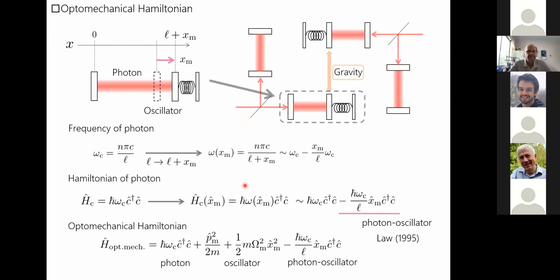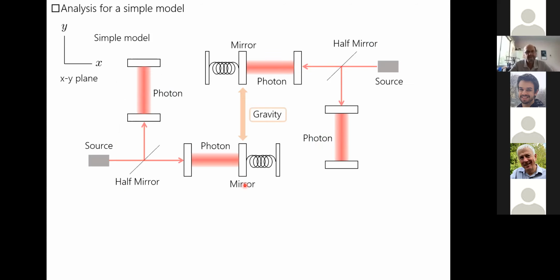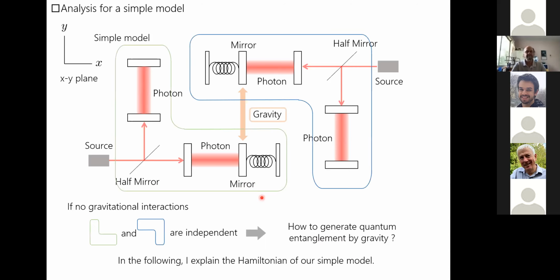Oh, okay. In the present experiment setup, the mirror can be a quantum system in the sufficient cooling case, right? Then we can use the quantum treatment of the mirror's center-of-mass motion. Is it clear?